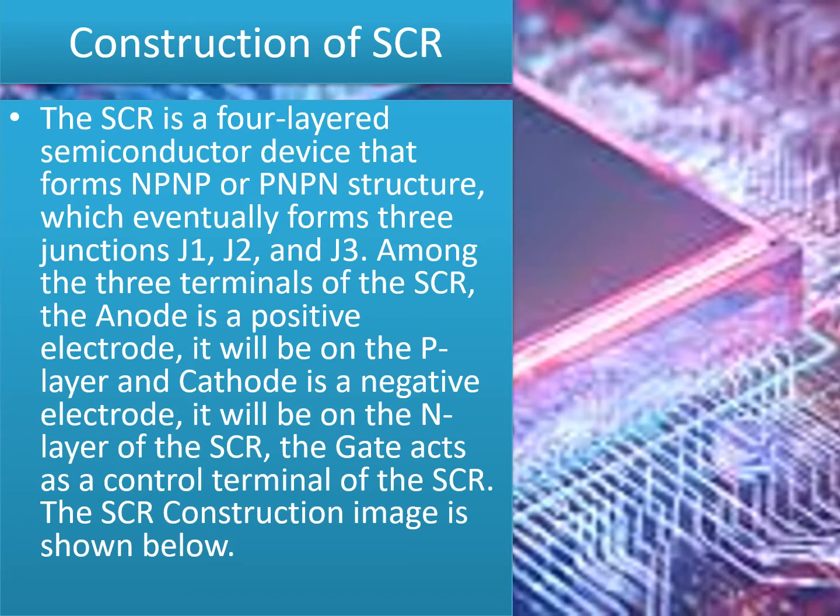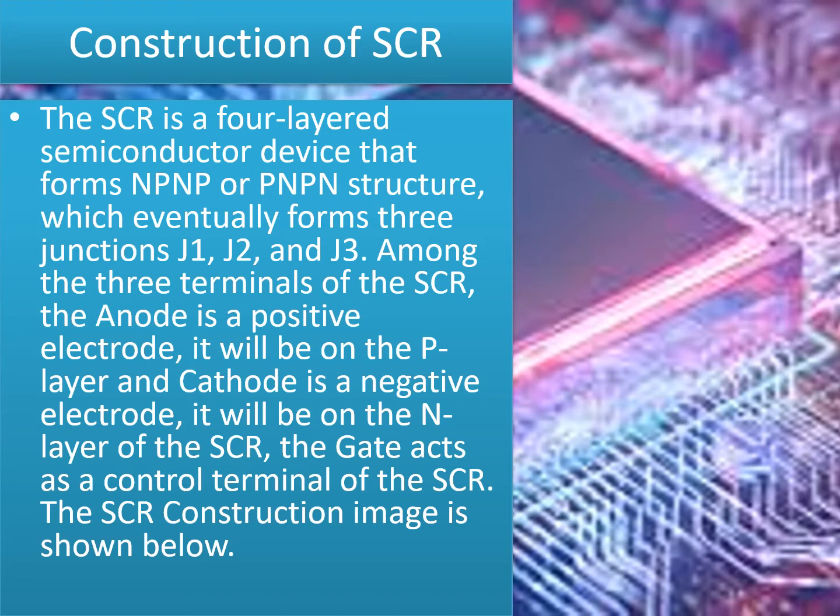Now I'm going to talk about construction of SCR. The SCR is a 4-layer semiconductor device that forms NPNP or PNPN structure, which eventually forms three junctions J1, J2 and J3. Among the three terminals of the SCR, the anode is a positive electrode.